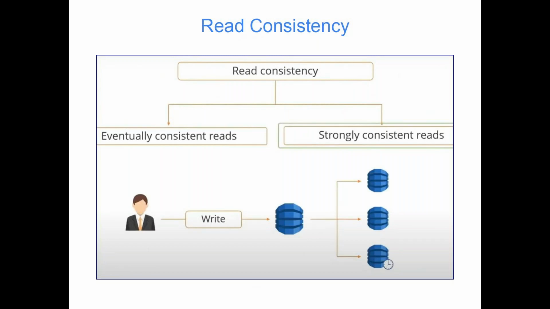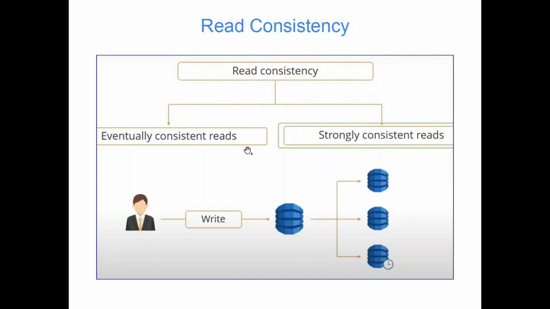Thank you. So let's move to the next topic, read consistency. As the name indicates, when you are updating something, it will be updating in multiple locations. And there are two options: eventually consistent reads and strongly consistent reads. What does it mean?